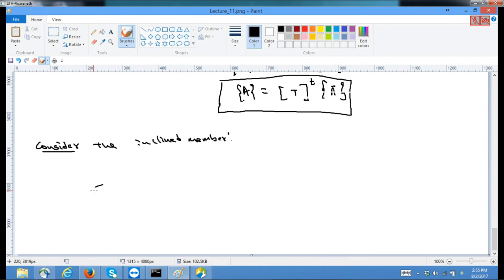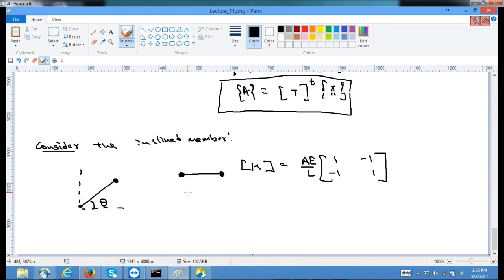Let us say this is an inclined member which is at an angle theta. The K matrix of an already horizontal member is given by AE by L times [1, -1; -1, 1]. So from here, how do we develop the stiffness of the other one?